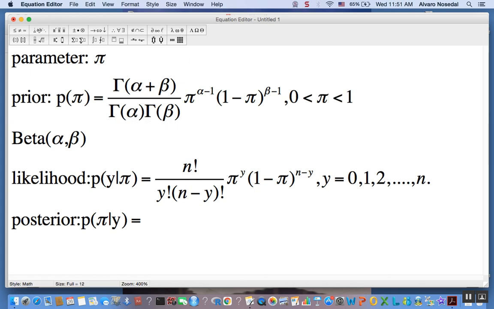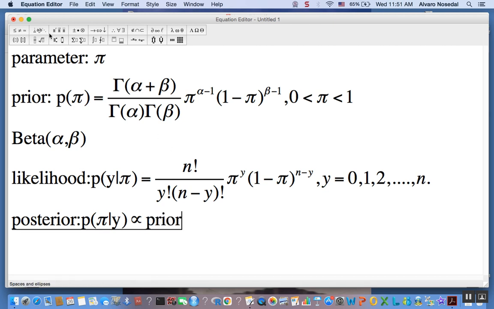Make sense? Okay, so our posterior is going to be proportional to prior times likelihood.